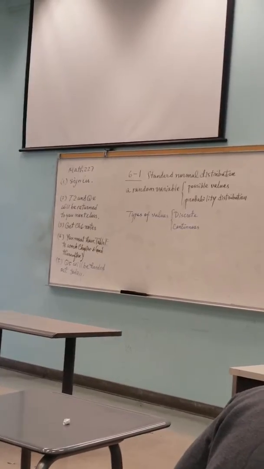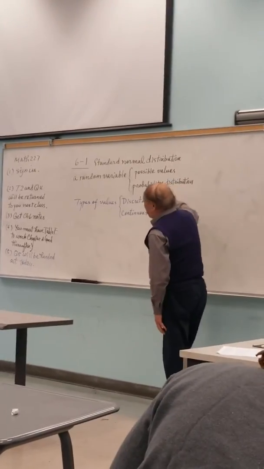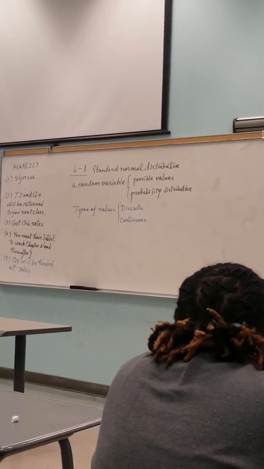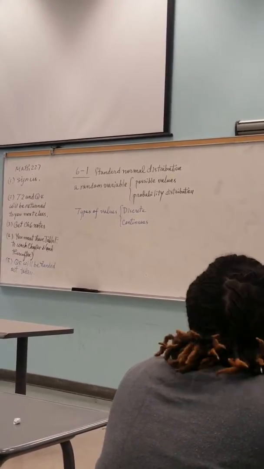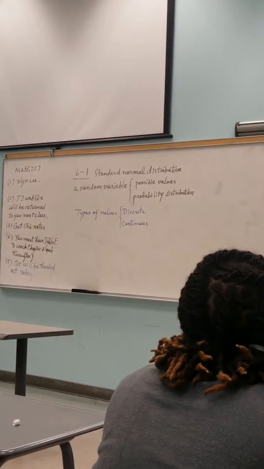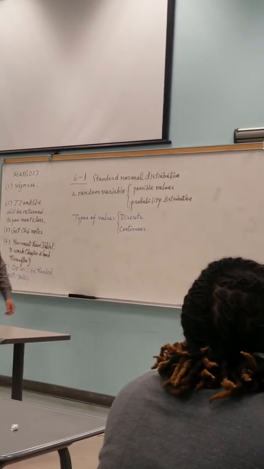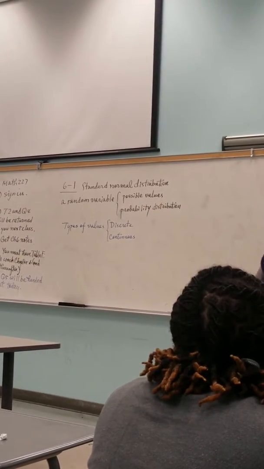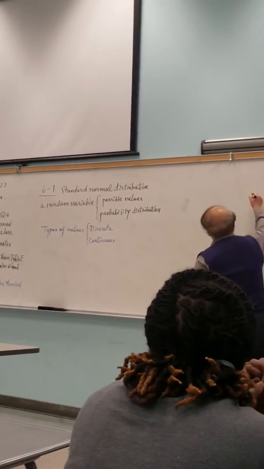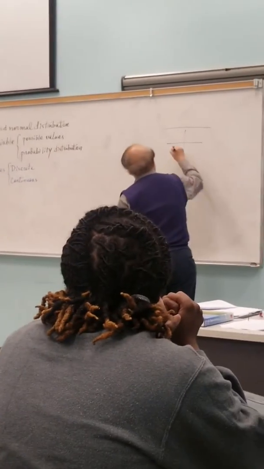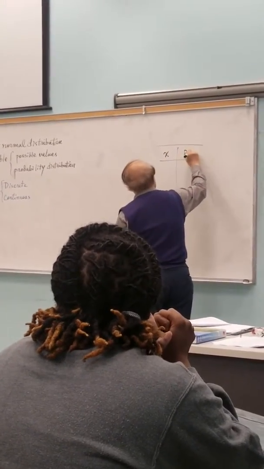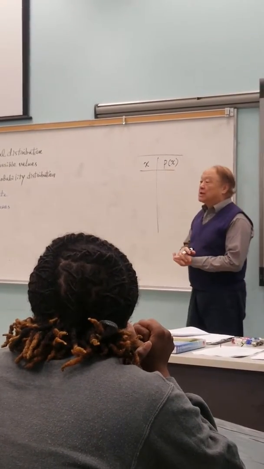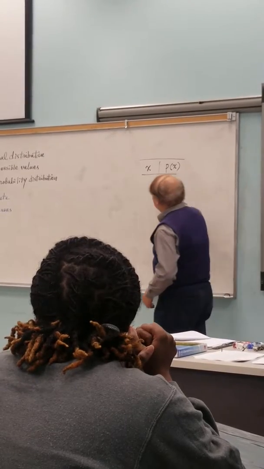Now, the second issue of random variables is probability distribution. Let's have a review of chapter 5. In chapter 5, how do we express probability distribution? Look at the model but do not copy. In chapter 5, we use a table to describe the probability distribution.